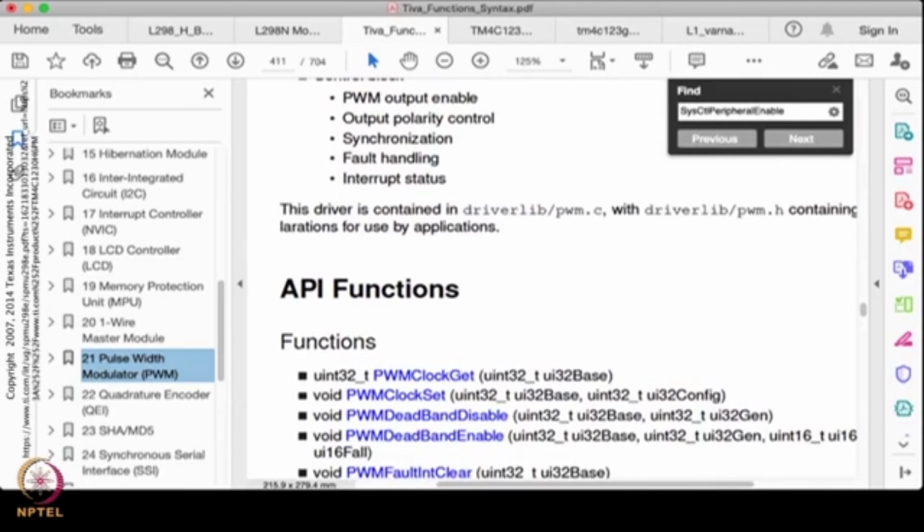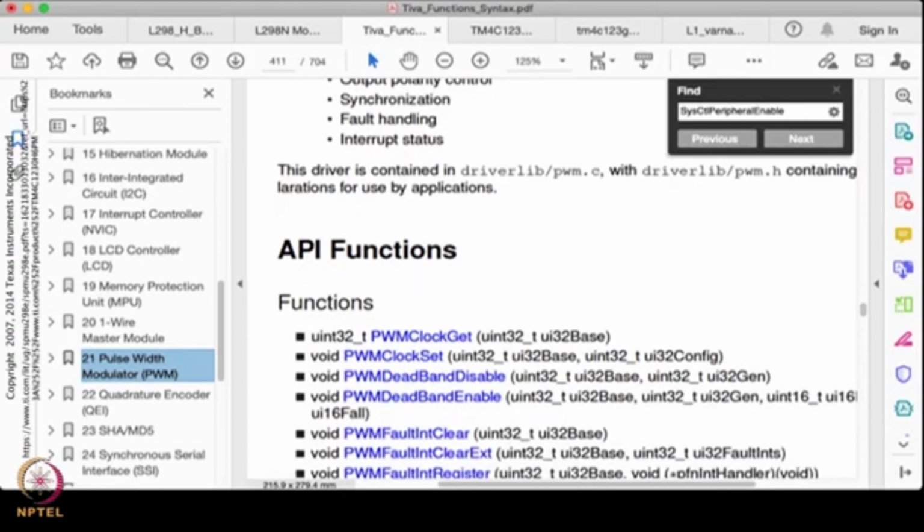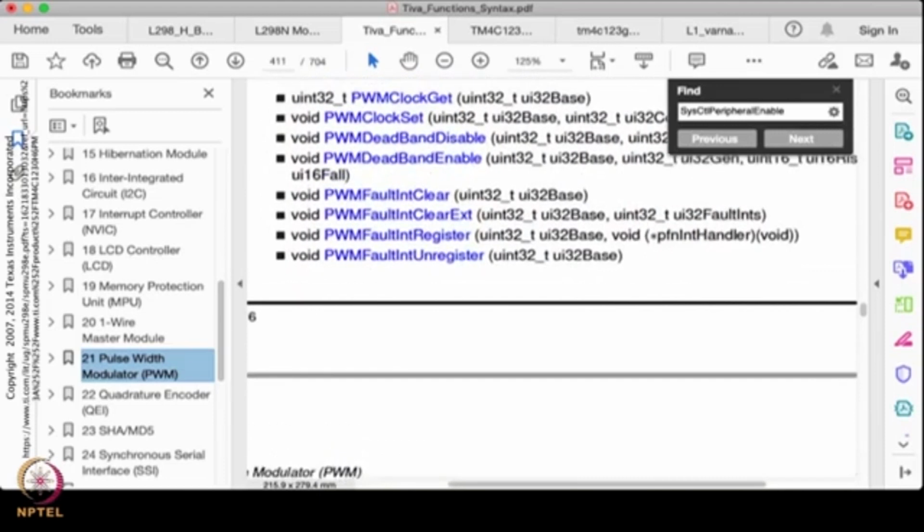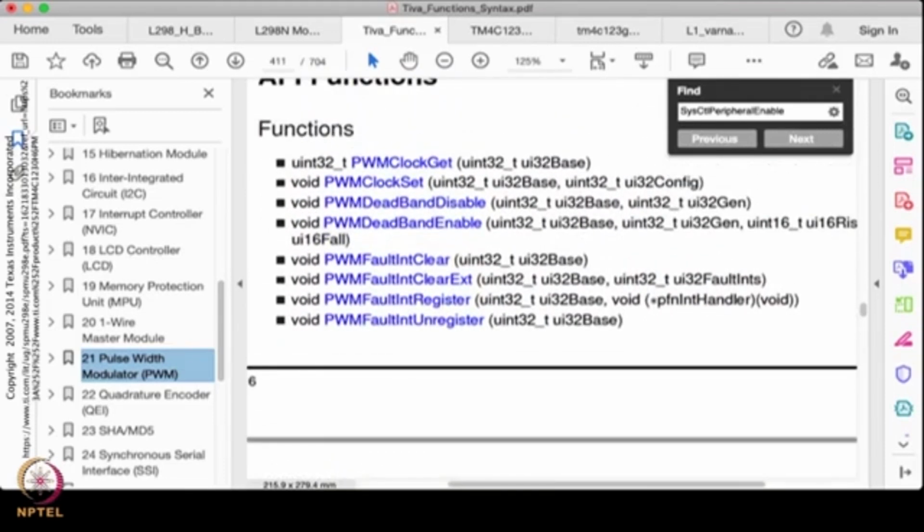See, this driver is contained in this pwm.c and pwm.h file. There are a lot of functions. Directly reading those function details, you may not get to this procedure. For the procedural aspect, like what functions to be used and when, or what is the sequence of using some functions, that is a little bit tricky to figure out.